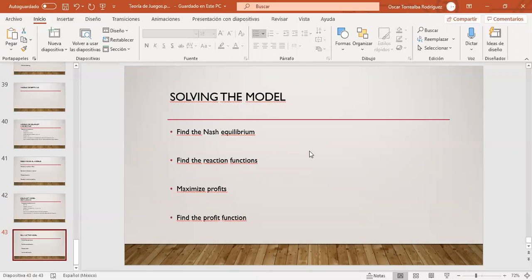And in order to find this equilibrium, we need to find the reaction functions, okay? So the Nash equilibrium is going to be localized where the two functions cross each other. And in order to find these reaction functions, we have to maximize profits. And to maximize profits, also we need to find the profit functions, okay? So let me show you this screen.